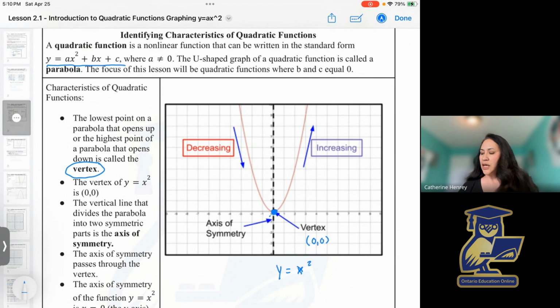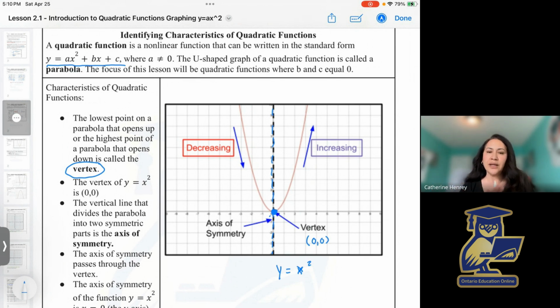The vertical line that divides a parabola into two symmetric parts is called the axis of symmetry. And it's pointing there, but it's really pointing to this dotted line that runs through the middle of the parabola that cuts the parabola in similar halves, right?